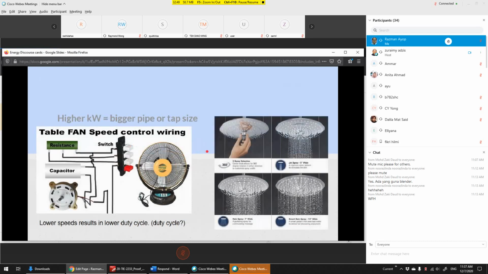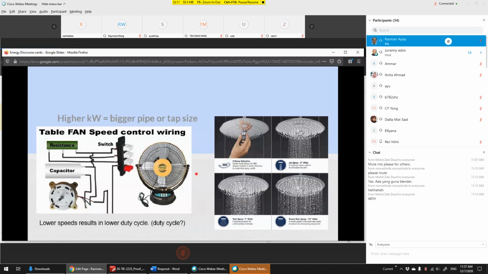So dia comparable macam kalau kita ada shower head yang boleh adjust speed. Adjust banyak air yang keluar. Ni speed 1, speed 2, speed 3 katakan. Ke 1, 2, 3, I'm not sure. Alright, but it is as if you are having a shower head with adjustable stream of water.